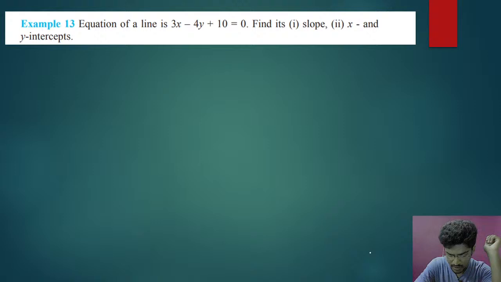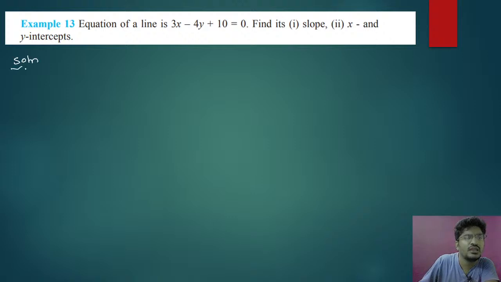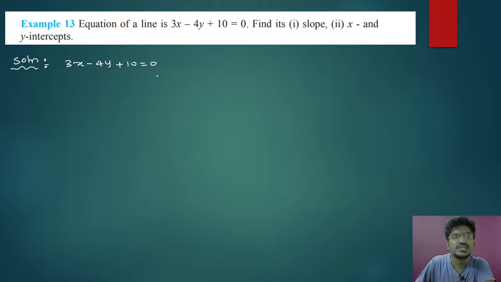You see one of the problems, that is the equation of a line 3x minus 4y plus 10 equal to 0. Using this equation of the line, find its slope and x-intercept as well as y-intercept.